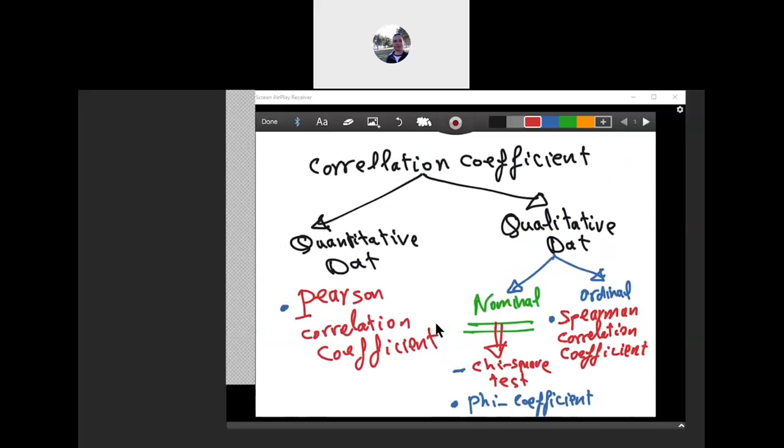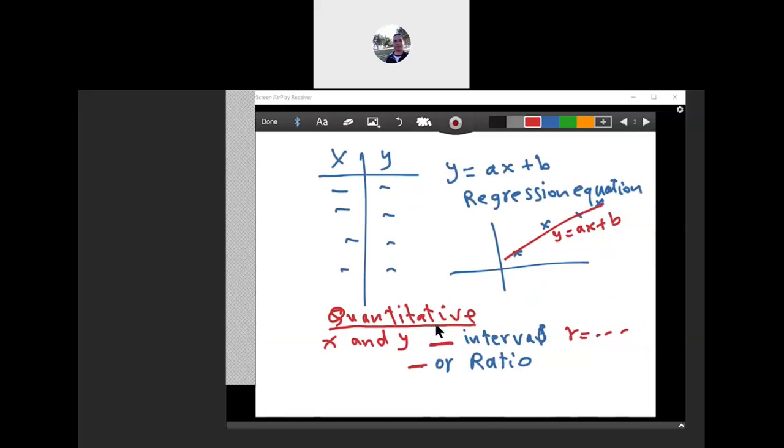Yes, if you have quantitative data, you go for Pearson correlation coefficient. This one is the Pearson correlation coefficient, and you use the t-test to test this one, right?